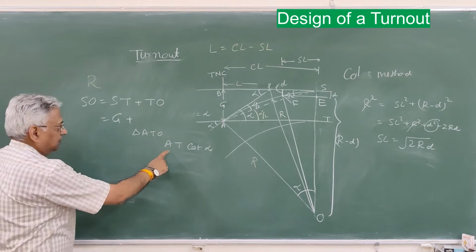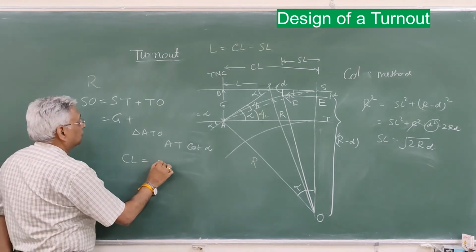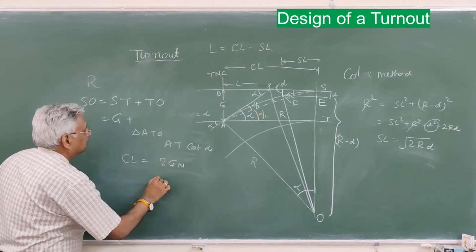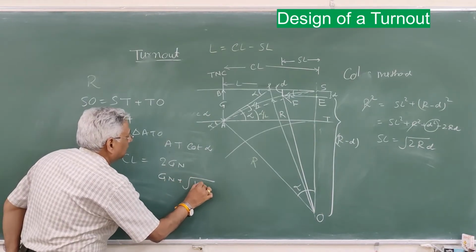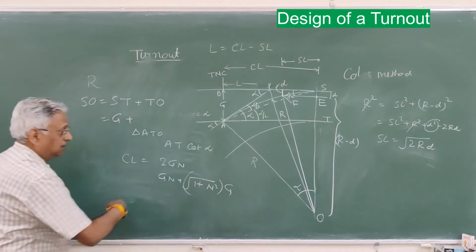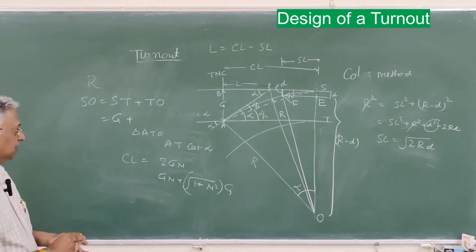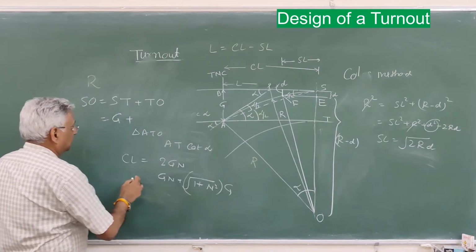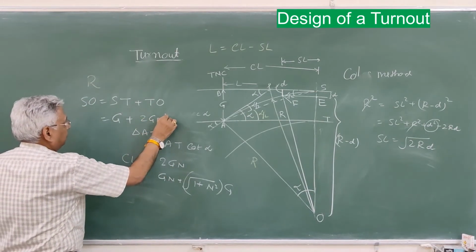AT is CL, and CL we found as 2GN, or rather you can say that GN plus square root of 1 plus N square into G. That was the accurate value of CL. Now if you put it here, it will be 2GN square because cot alpha is N. So this will be 2GN square.